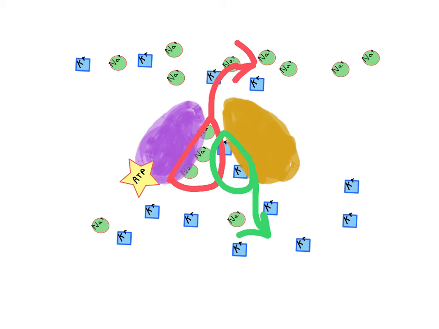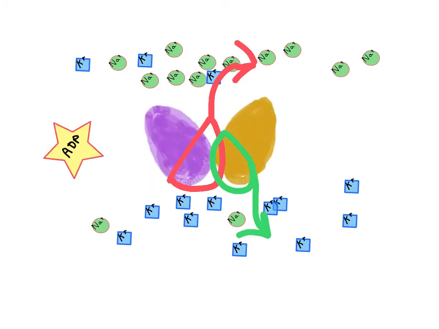And for every molecule of ATP that's converted to ADP, we have 3 molecules of sodium that are moved from the inside to the outside of the cell, and 2 molecules of potassium that are moved from the outside of the cell to the inside of the cell. So what we end up with is a higher concentration of sodium outside of the cell and a higher concentration of potassium inside the cell.